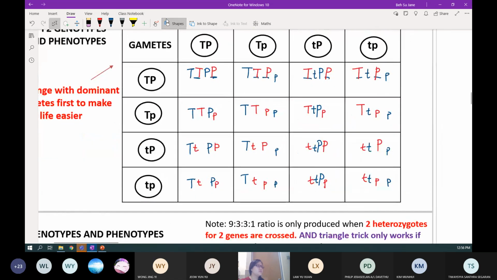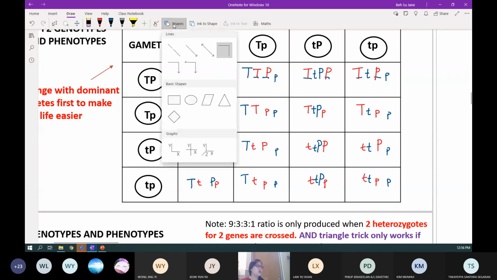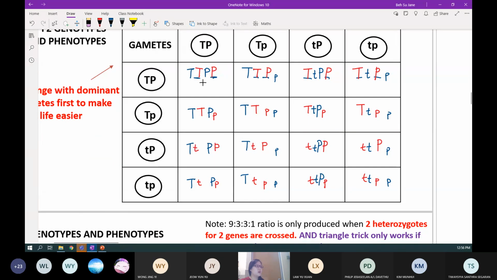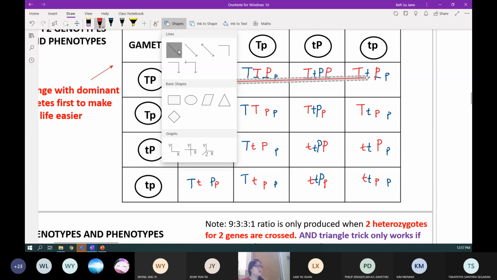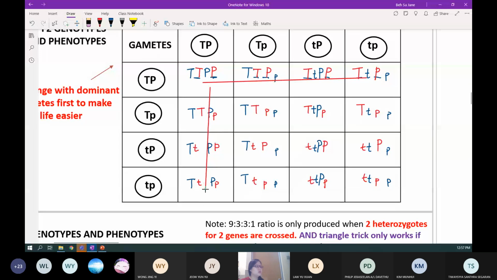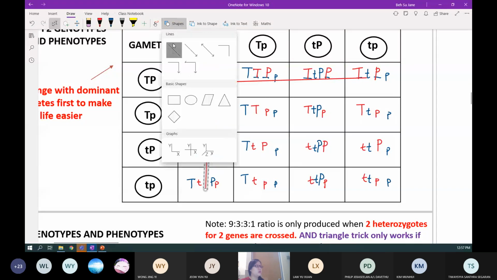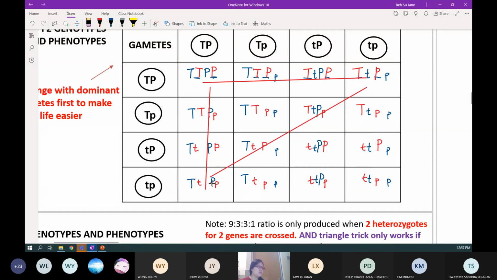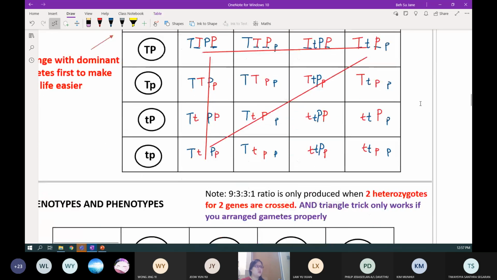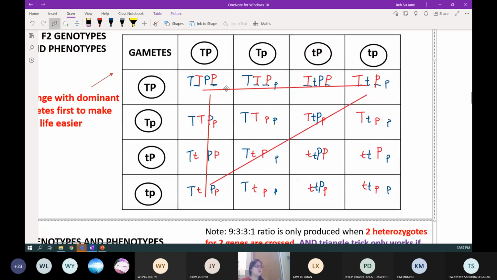You realize that this line here, this triangle here, these are all dominant phenotypes for both.